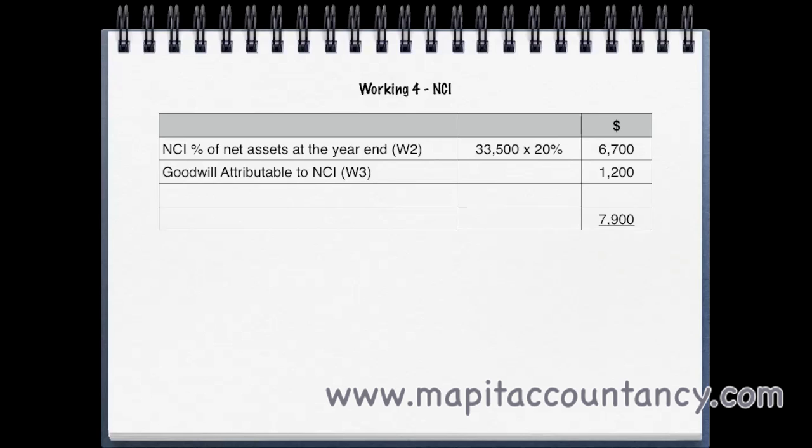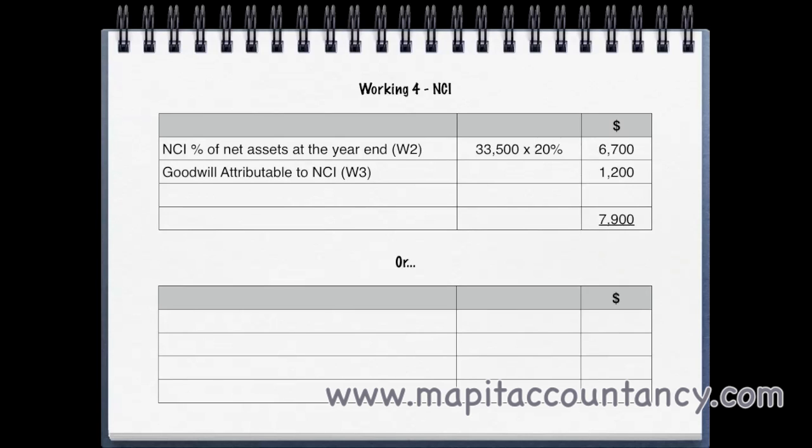Now, if we did our second working for goodwill, then the way to value the NCI, because in our second working for goodwill we didn't calculate any goodwill attributable to the NCI, so we can't use that. What we would need to do is take the fair value of the NCI at acquisition of 7,000, plus the NCI's percentage of the subsidiary's post-acquisition profit. That comes from working 2.